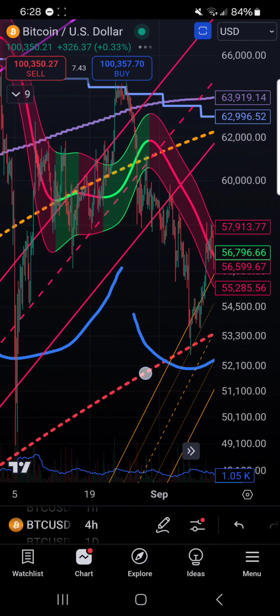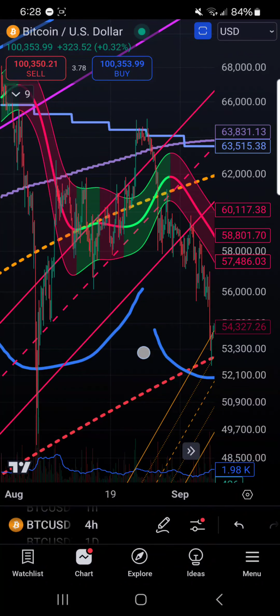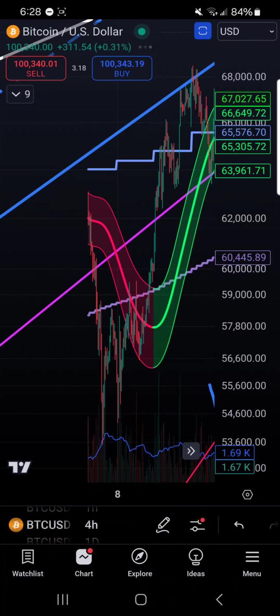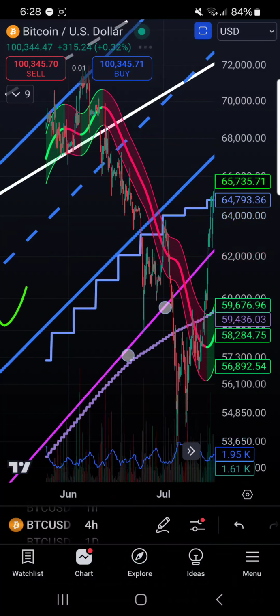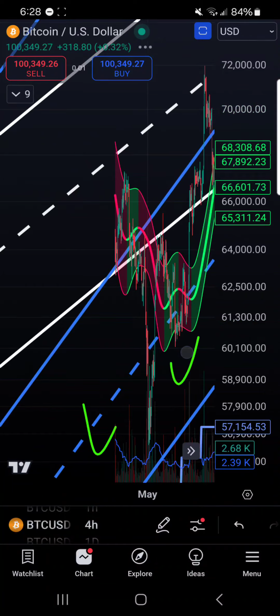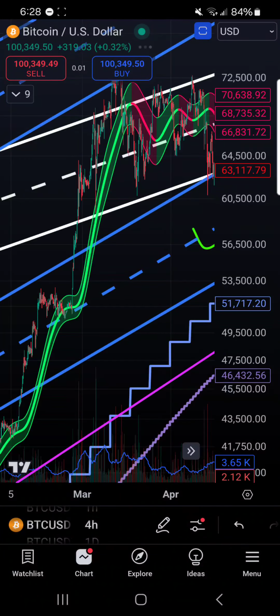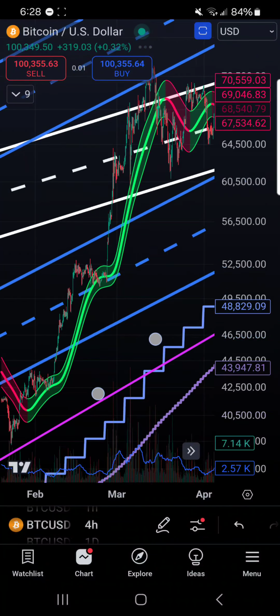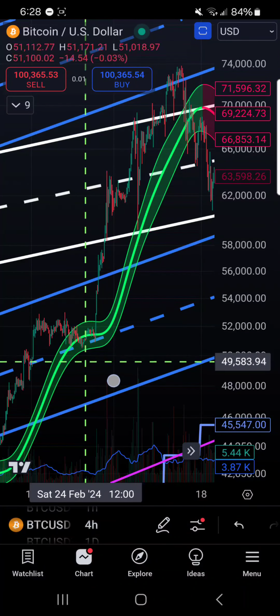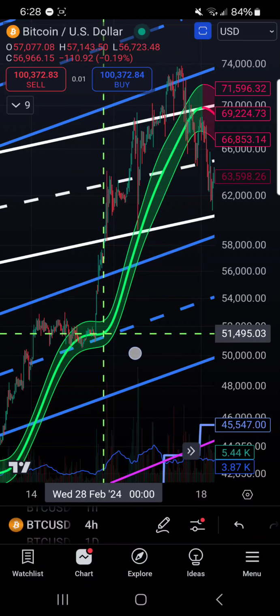And you know what? I'd have to go back further in history. Let's just see. Well, those two, I have to go way back to find an instance where we're in a similar position. Well, see, like right here, it kind of did the same thing, and it didn't turn red.